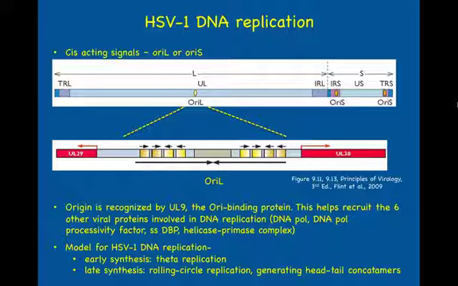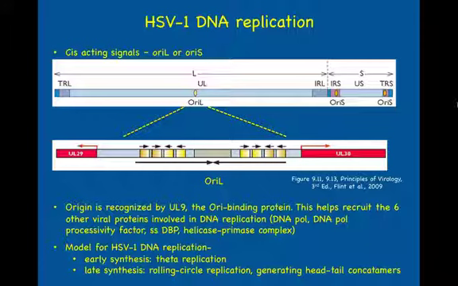In HSV1 DNA replication, there are cis-active signals, the RIL and RIS, that work together. The origin is recognized by UL9, the origin binding protein, so that's probably one of the genes you can't get rid of out of an HSV1. That helps recruit 6 other viral proteins involved in DNA replication.